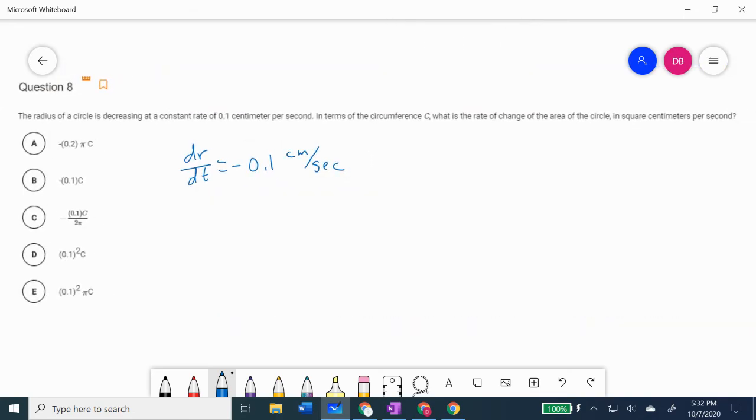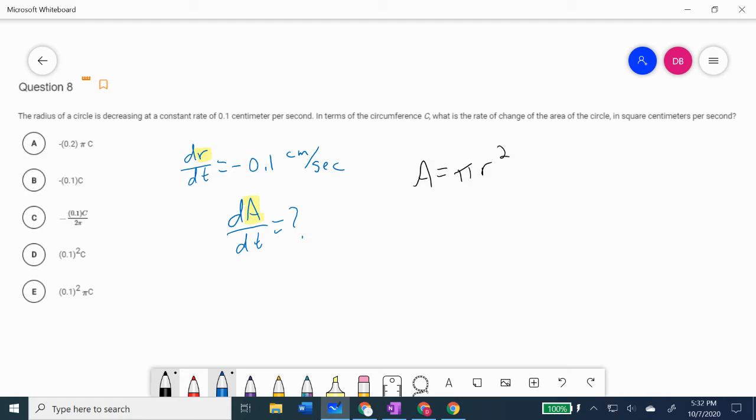I'm trying to find dA/dt, but in terms of the circumference. So to start things off, I need a relationship between A and r when this is a circle. So area is pi r squared.